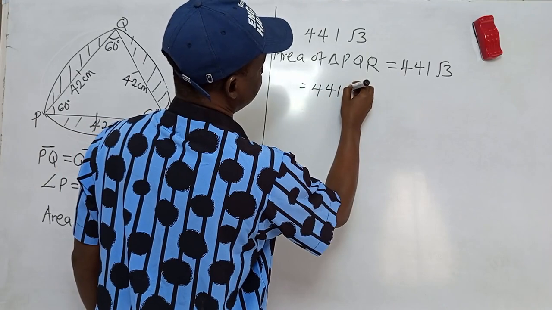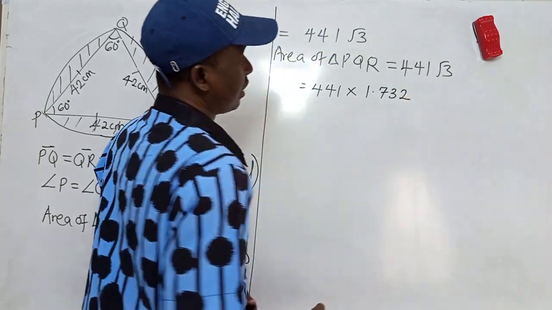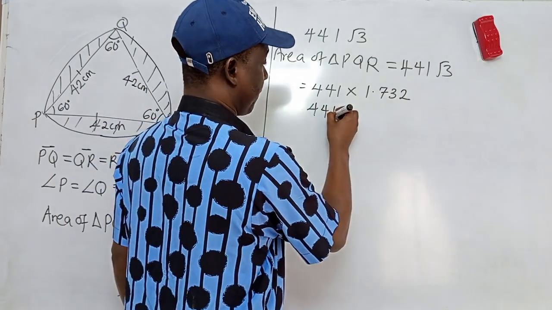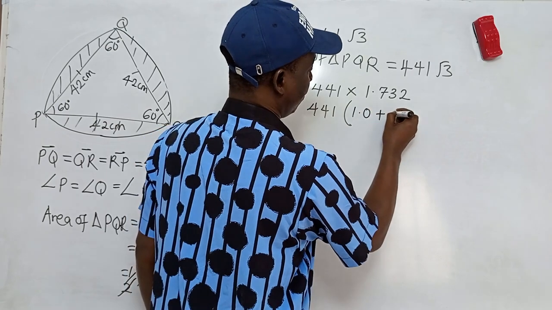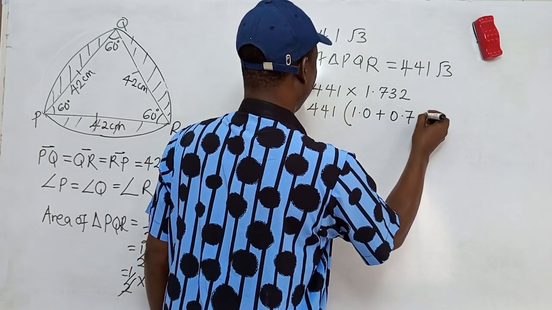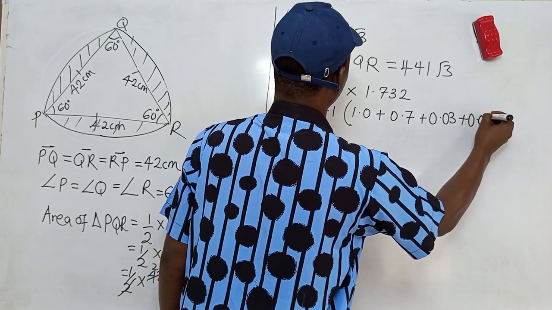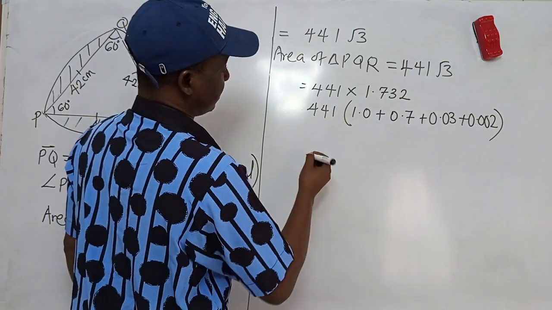441 times 1.732. Now, if you want to make it easy, you can do it like this. You can say 441 into bracket 1.0 plus 0.7 plus 0.03 plus 0.002. If you do it that way, you will get the same answer.